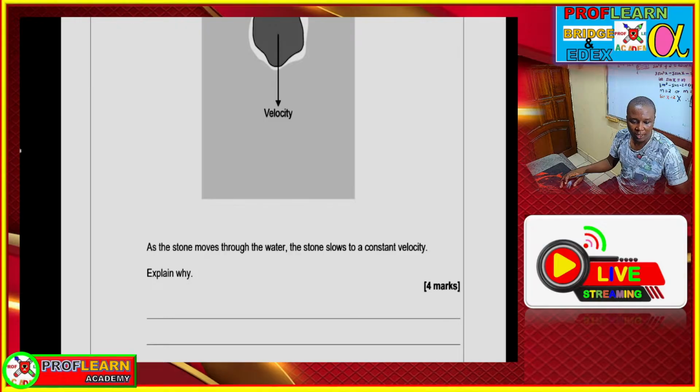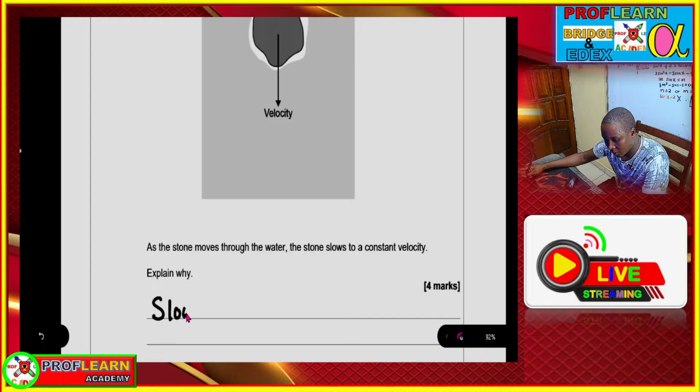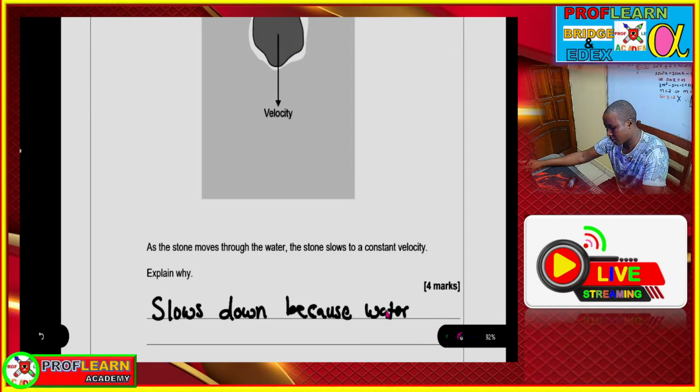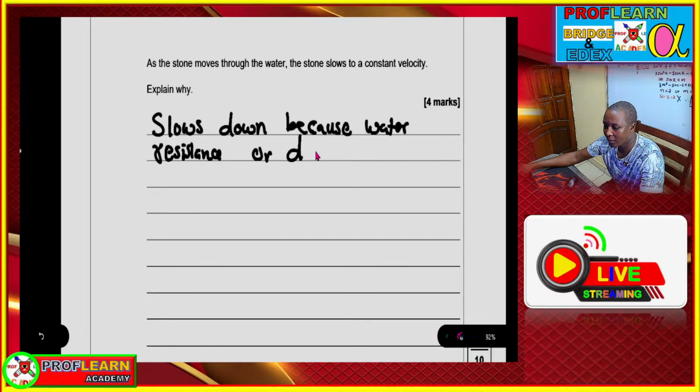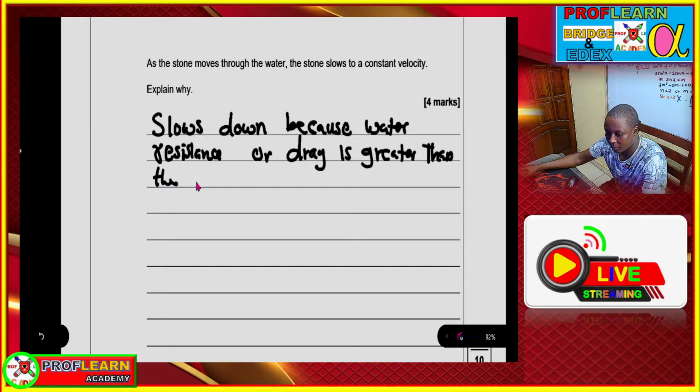So it's going to slow down, because water resistance or drag is greater than the weight of the stone.